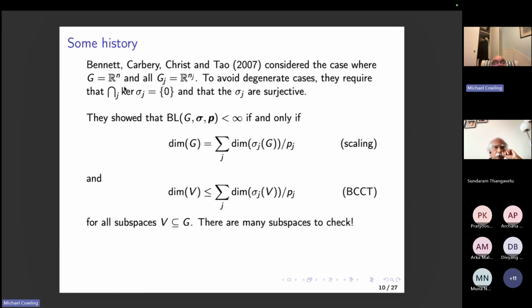So G we take to be R^n, and G_j we take to be R^(n_j). And, to avoid some really silly degeneracies, they require that the intersection of the kernels is equal to 0, and that all the homomorphisms are surjective.